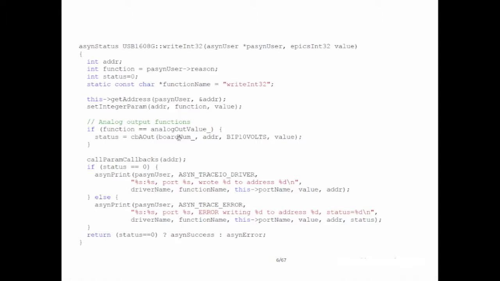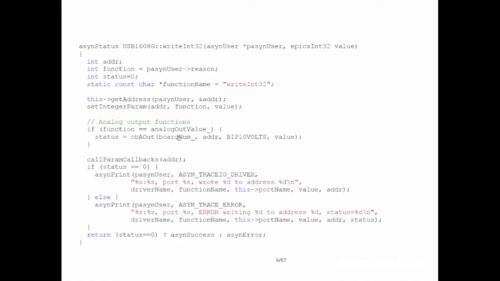And then we say if the function is analogOutValue, which is probably true because we've only defined one parameter here, then execute a function called cbAOut.